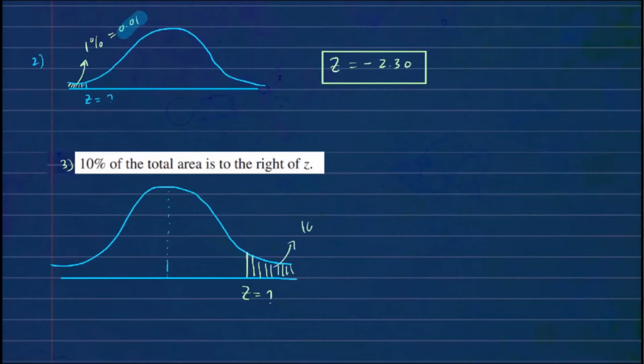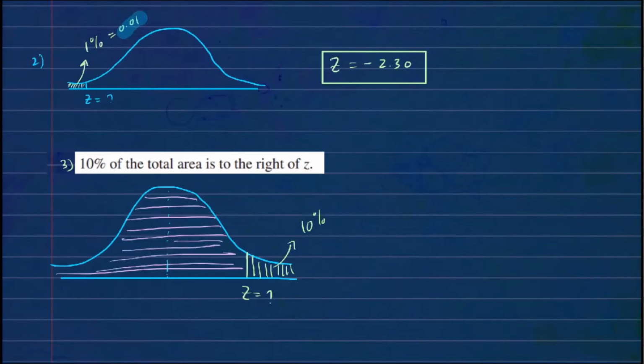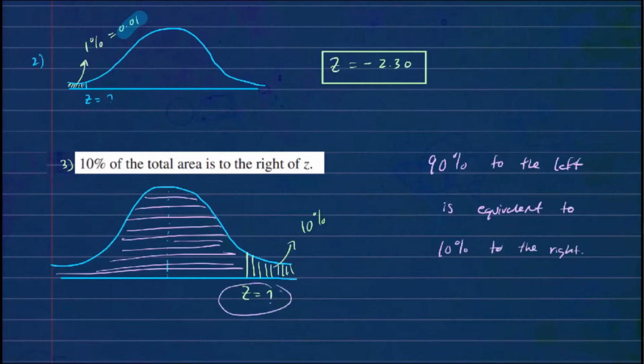So this is 10%. Now, looking at 10% to the right is equivalent to 90% to the left. So if I can find the z-score for 90% to the left, that is the same z that corresponds to 10% to the right.